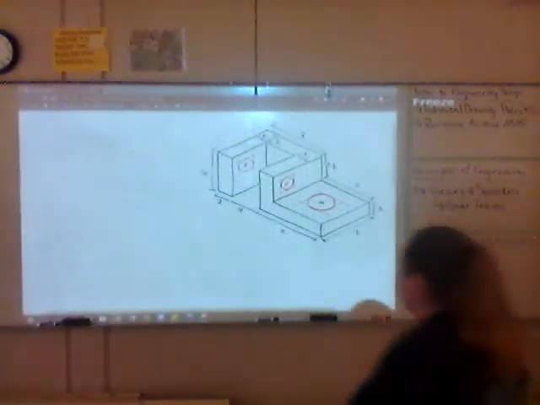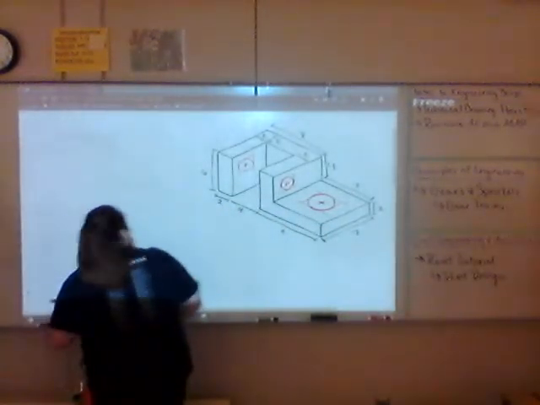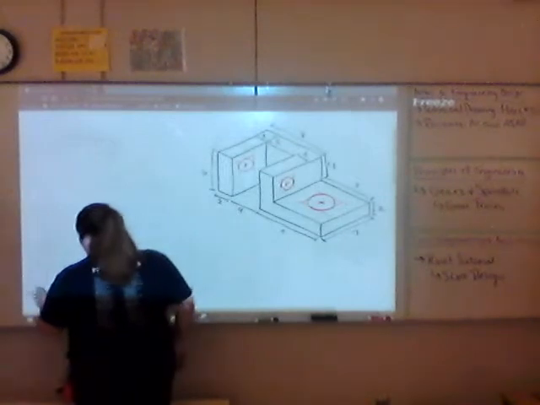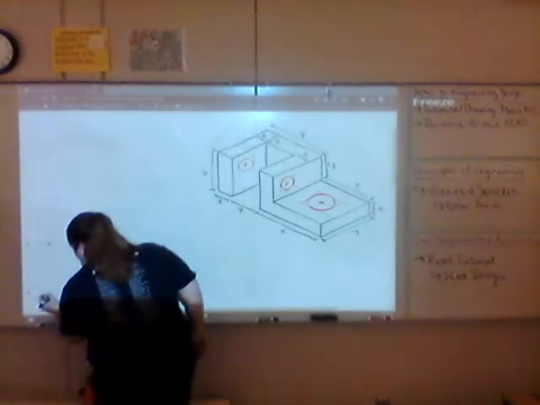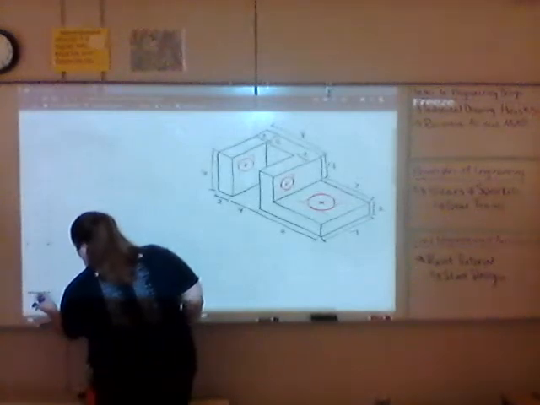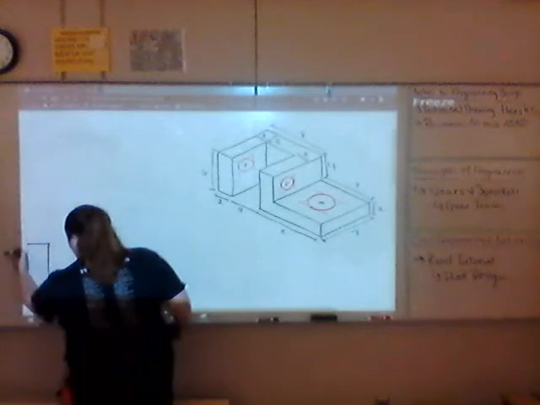Alright, so here we go with our orthos. Starting down here, I know I need to go up 6 and over 2, so 3, 6, over 2. Draw this rectangle, like so.